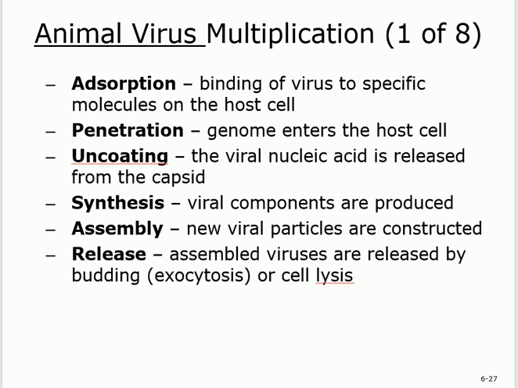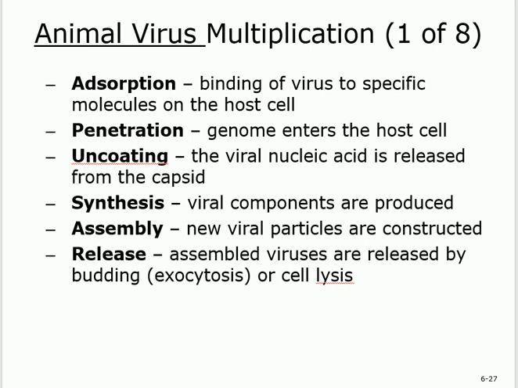Next part is penetration. Penetrate into the cells. You get into the cells. Followed by uncoating. What does un mean? Without. Uncoating means you take the coat off. Okay? Meaning, what was the coat?